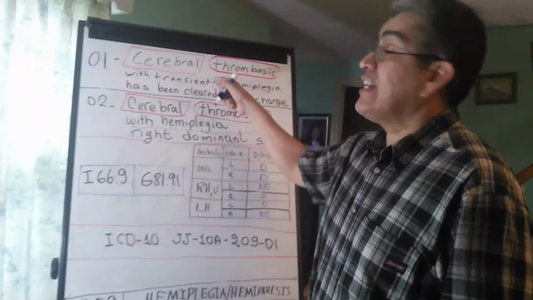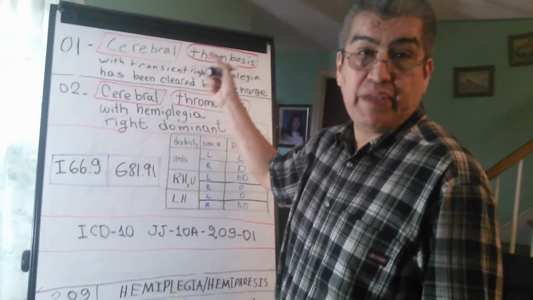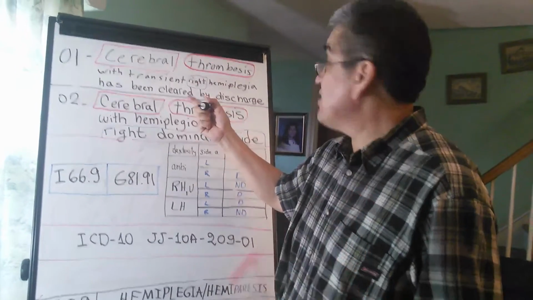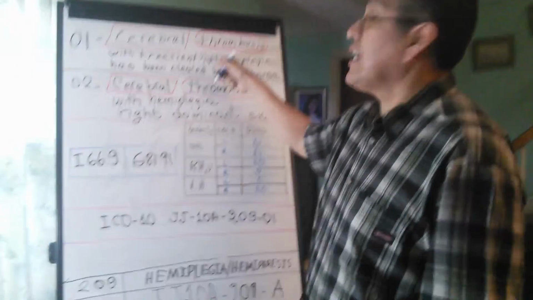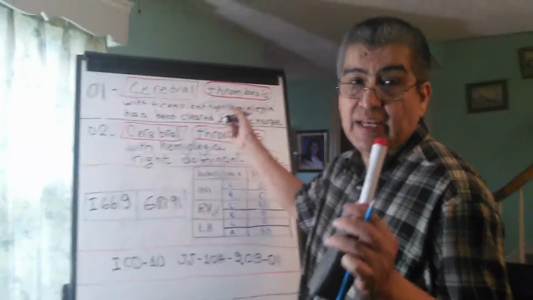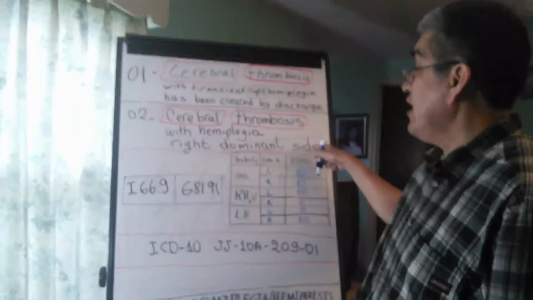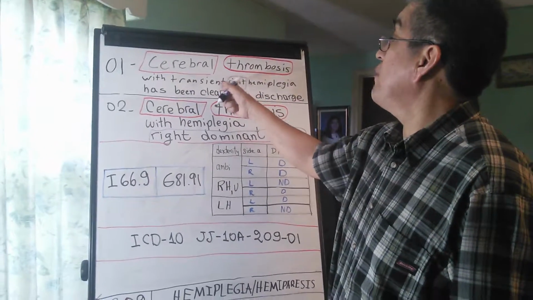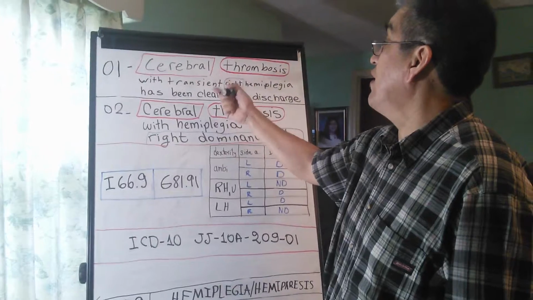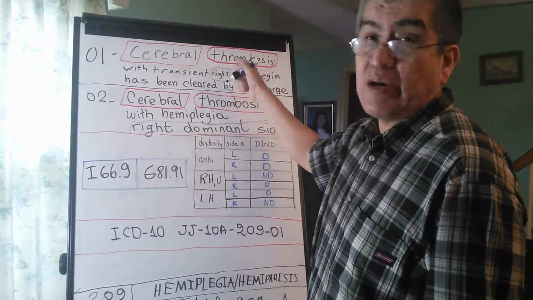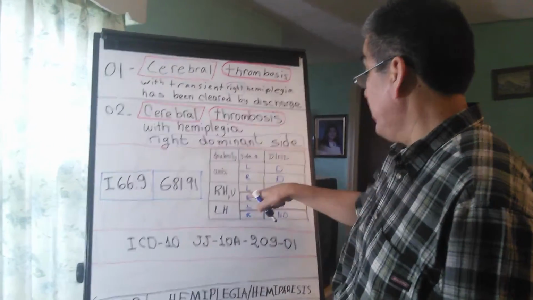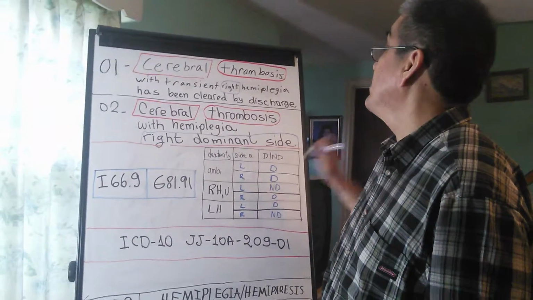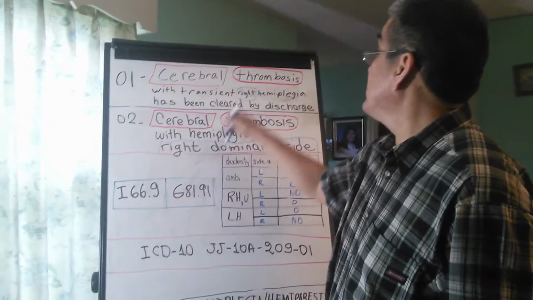Why? Because they're not telling us whether the patient is ambidextrous, right-handed or left-handed. When they're not telling us, then as soon as they say right hemiplegia, we have to assume that is the dominant side. So this dominant side is superfluous. We don't need this because they're not saying whether the patient is ambidextrous, right-handed or left-handed. So if they say right hemiplegia, we assume by our table here, you see, undefined, right, that it is the dominant side, okay? So this one is the right.